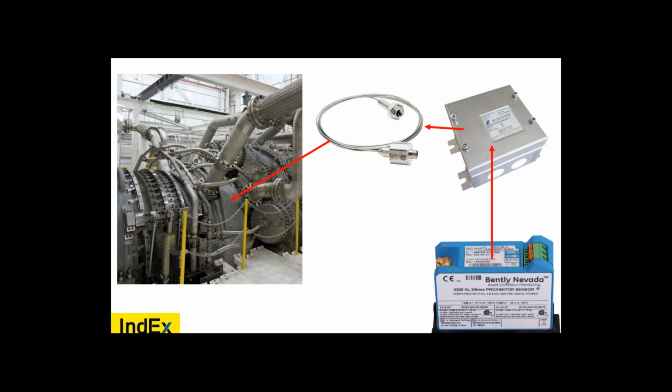IECEx is much better in some ways. ATEX is a system that removed boundaries to allow for the movement of goods within the EU. If you are using ATEX in your country, you're probably using it because your country had nothing else to begin with when it came to EX protection. So it's good you use something.